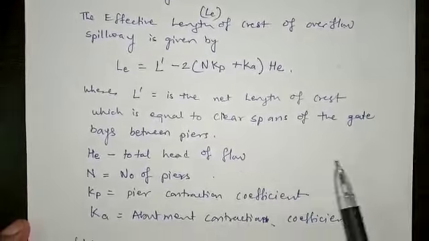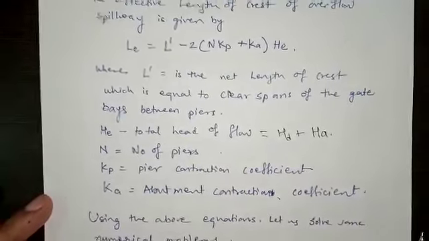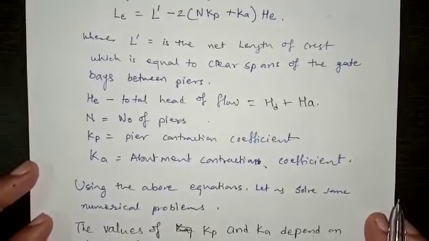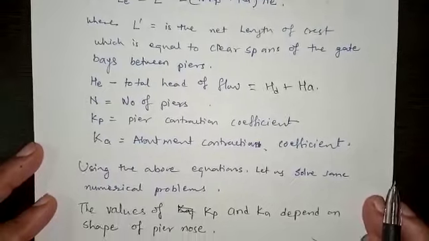HE is the total head of the flow, which is equal to HD plus HA, where HD is the head over the crest of spillway and HA is the head due to velocity of approach flow.